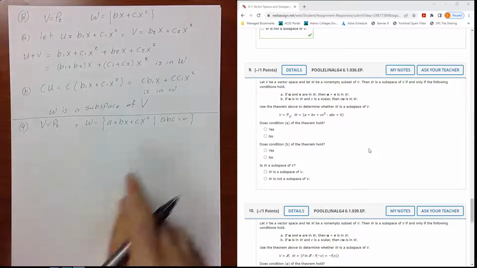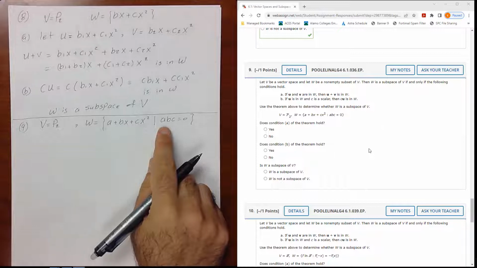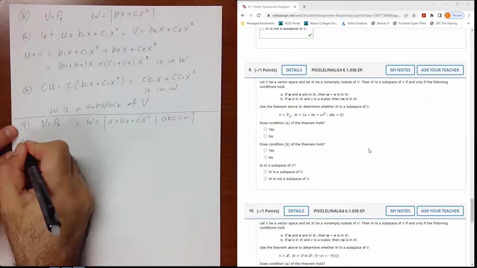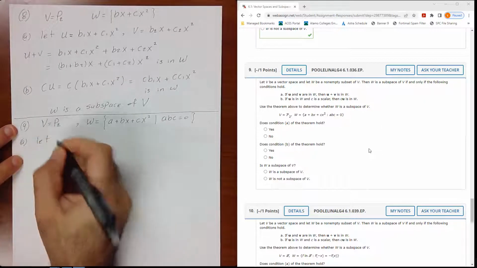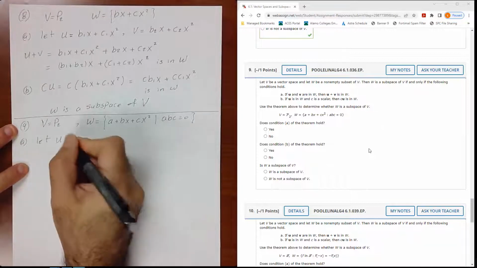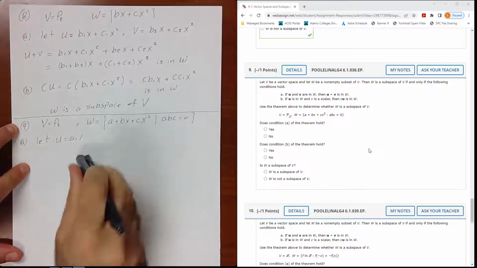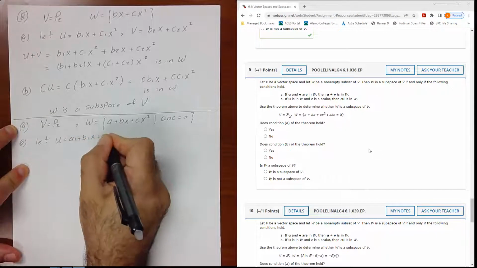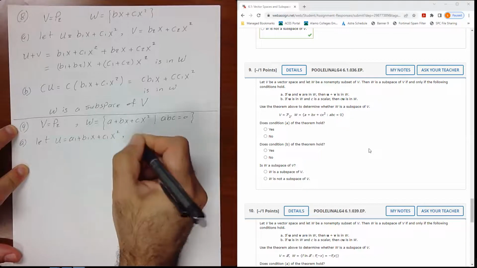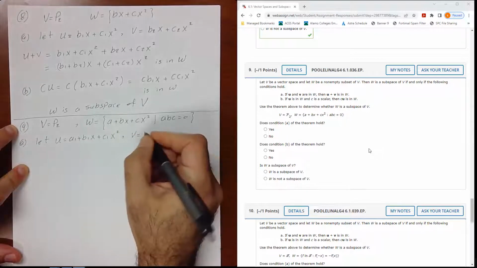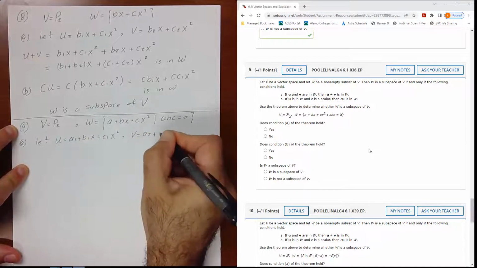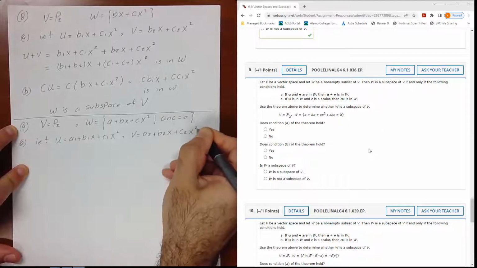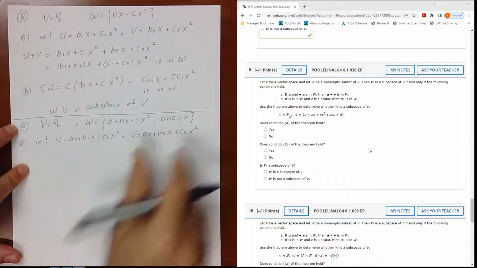The multiplication of these is supposed to be equal to 0. First of all, we're going to let U equal A1 plus B1x plus C1x squared. And we're going to let V equal A2 plus B2x plus C2x squared.